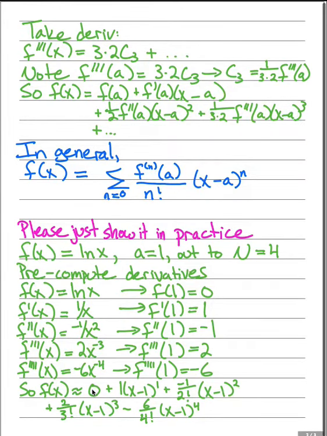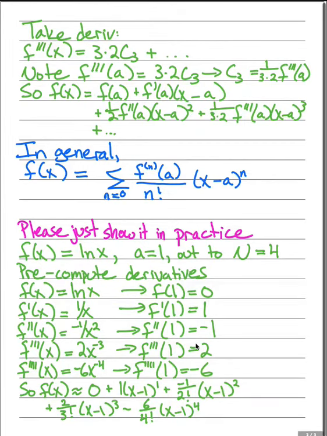So it's the function evaluated at the point a, that's 0, plus the first derivative of the function, which is 1, divided by 1 factorial, times (x minus 1) to the first power. Then I have the second derivative, which is negative 1. I divide by 2 factorial, times (x minus 1) squared.